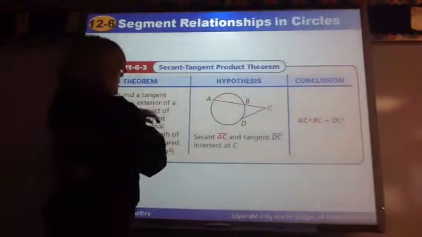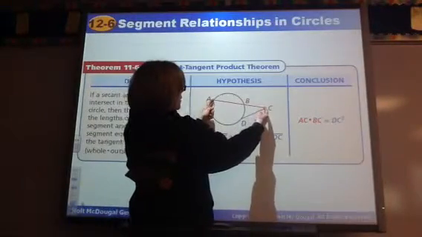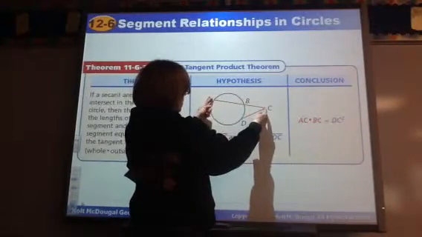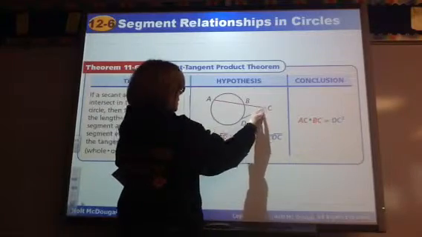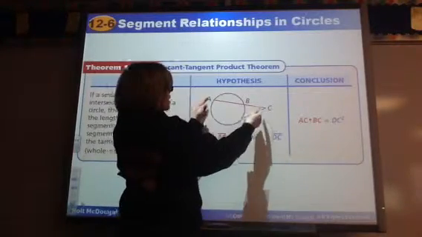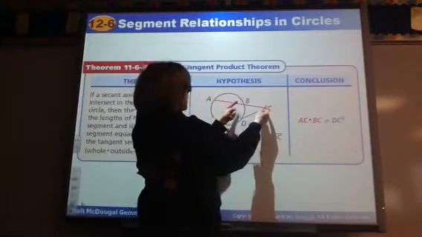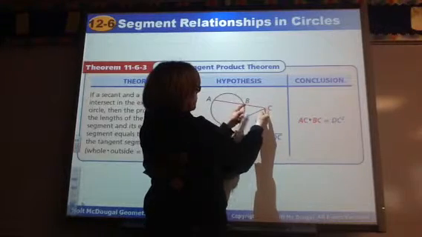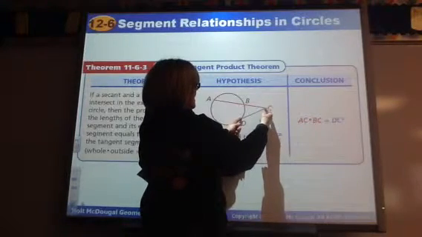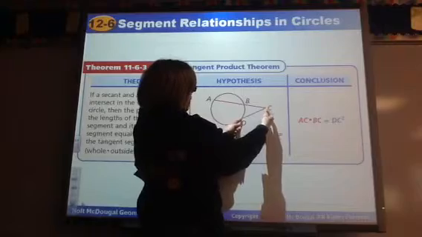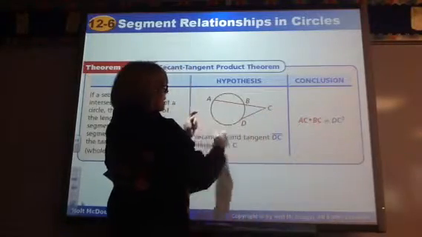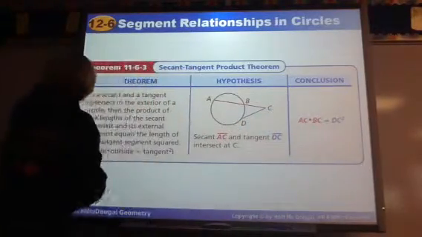All right, so secant AC, here's your secant because it goes through the interior of the circle, and tangent DC. If you take secant AC times the exterior BC, you can put that equal to DC squared. Why? Well, if this were extended inside, it would be this times this. So let's apply this one.